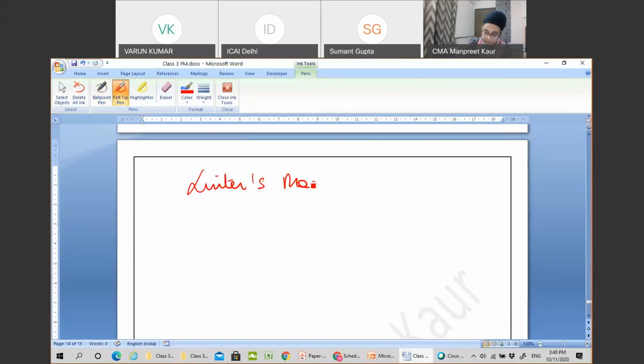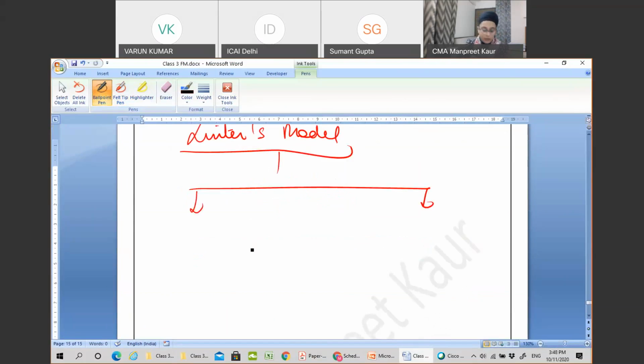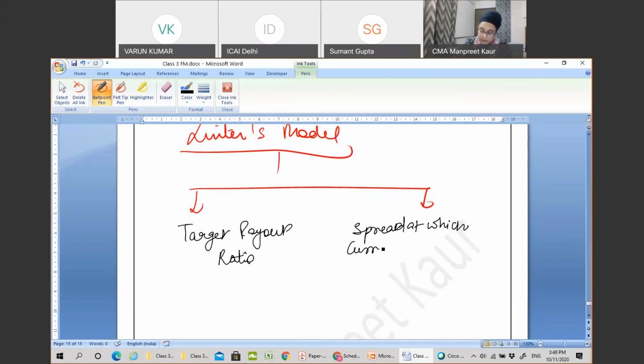The Lintner model. There are two things that we have to take care of. First is the target payout ratio, and second is the speed at which current dividends adjust to the target.